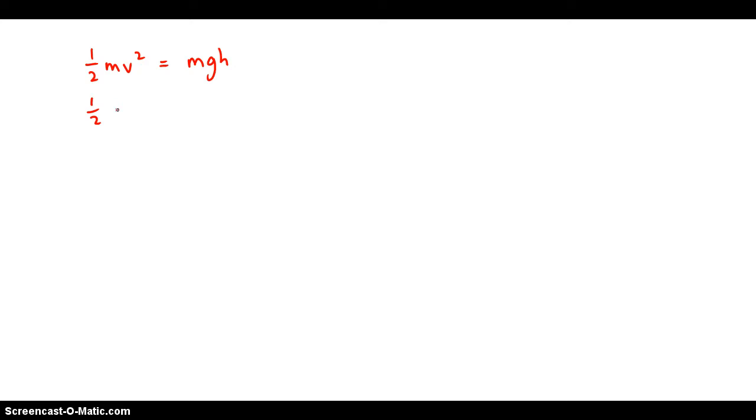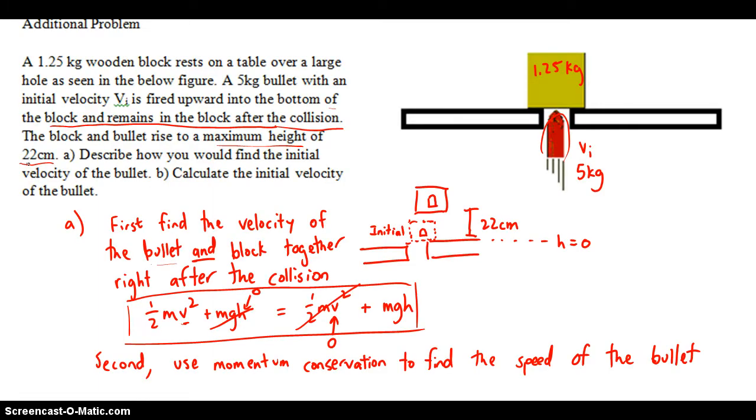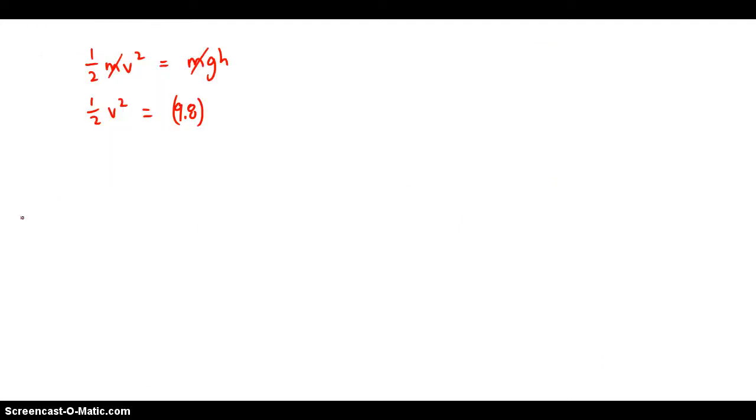Our masses cancel. 1/2 v squared is equal to 9.8 times 22 centimeters. G is in terms of meters, so we've got to convert this into meters as well. So 22 centimeters divided by 100.